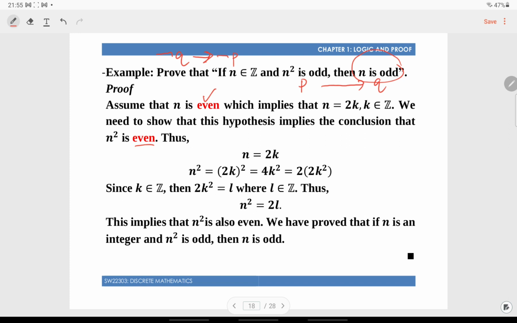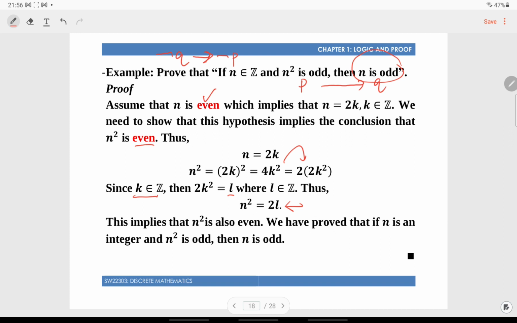Thus, we have n equal to 2k, so for the square of n, we have 2k square, which equals 4k square, and that can be rewritten as 2 times 2k square. Because k is an integer, 2k square again is an integer. We can replace it by L, where L can be any integer, so n square can be rewritten as 2L.